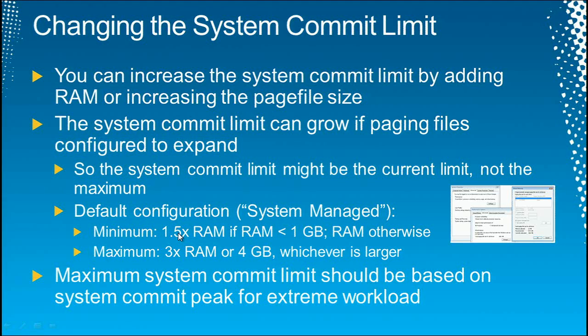And the max is 3x RAM or 4 gig, whichever is larger. So you can tell a lot of time and energy went into the tuning of that. The performance team was busy for a long time, and they actually got that right several releases of Windows ago. They haven't had to change it since. It's just such a solid algorithm to size the paging file. Well, but what really is that doing? What do those numbers mean, 1.5x?